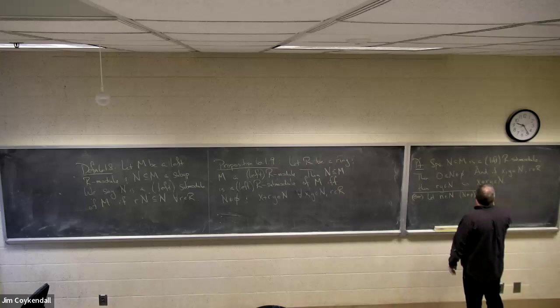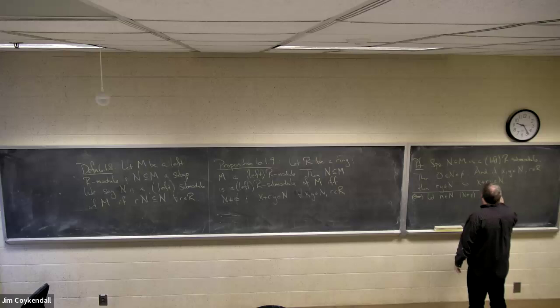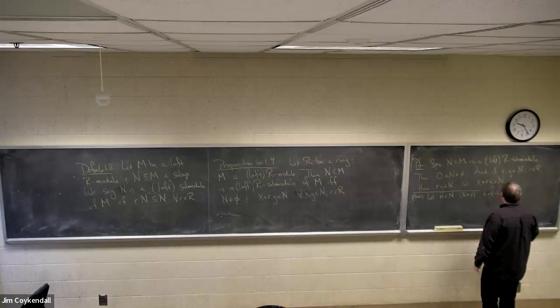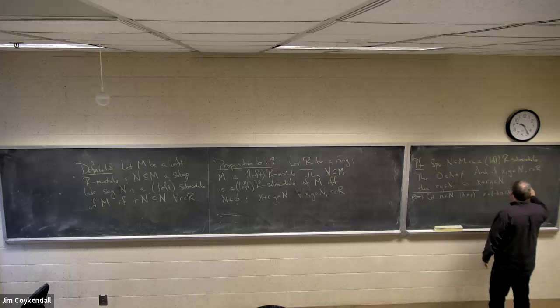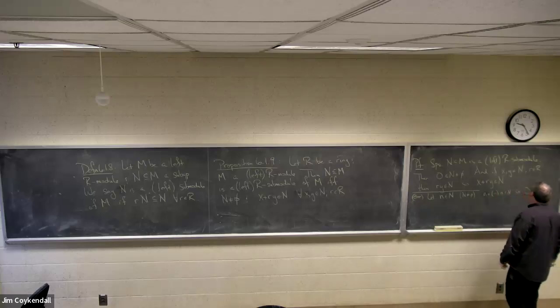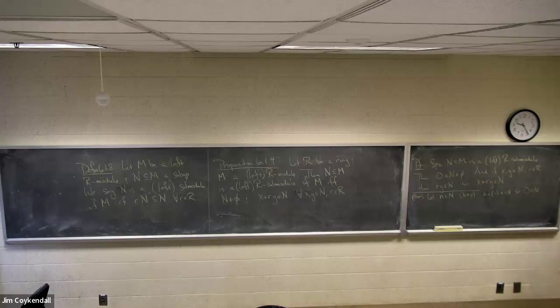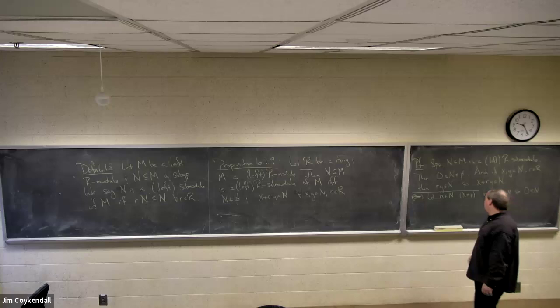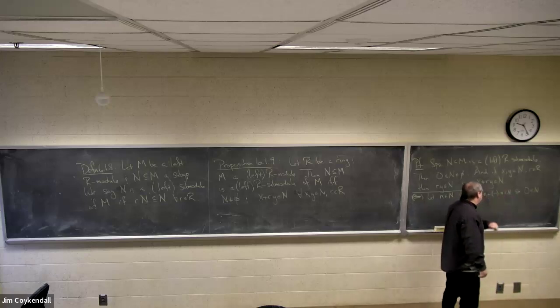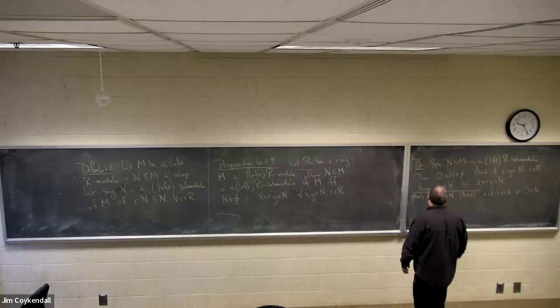But notice that n plus -1 times n is 0, so 0 is in N. This is a step that I could have kind of skipped over, but it gives a theme of what we're going to do.